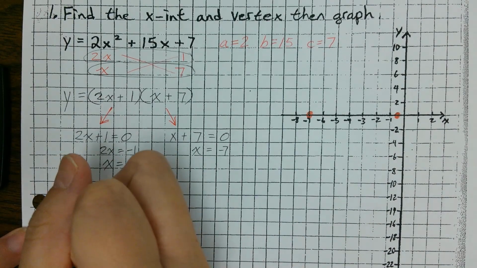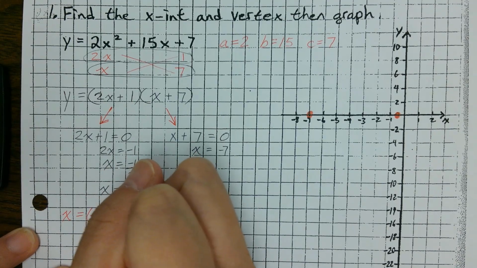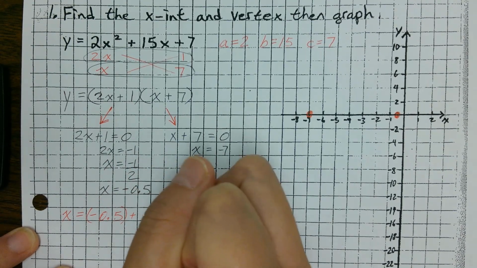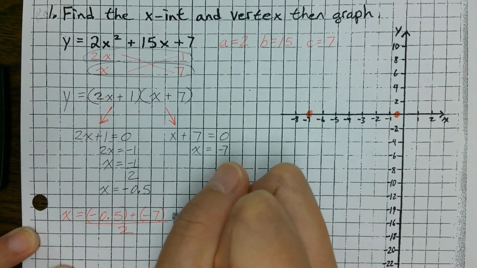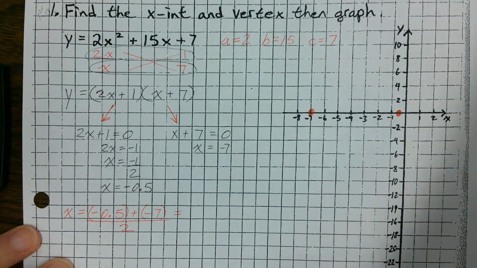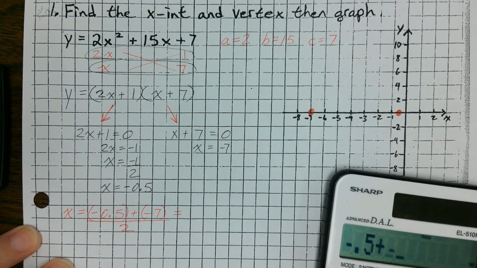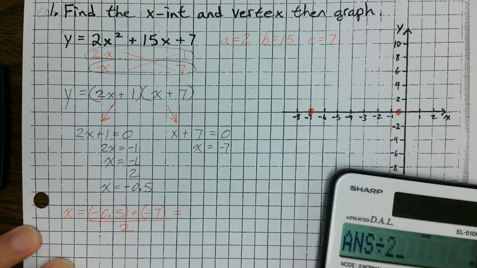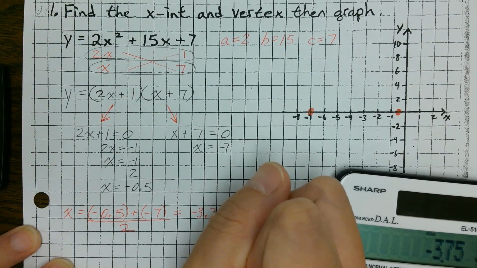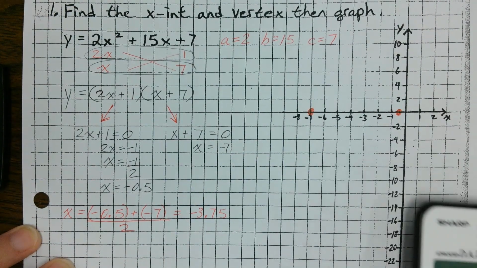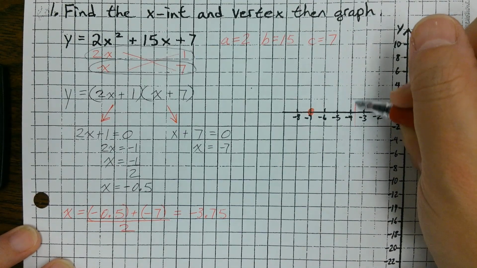So x equals -0.5 plus -7 divided by 2, you get -3.75. Okay, so it means my parabola is somewhere here.